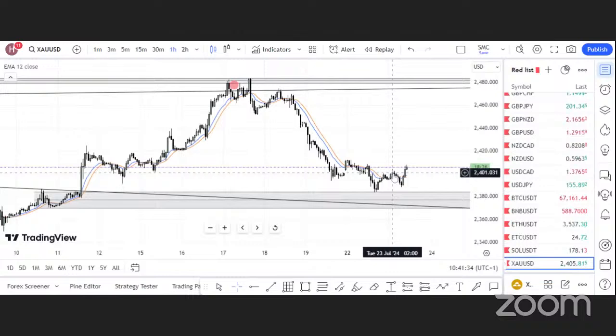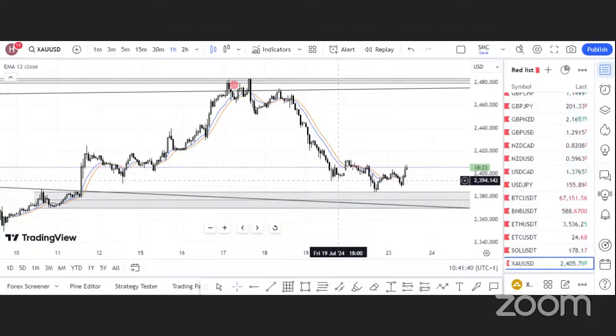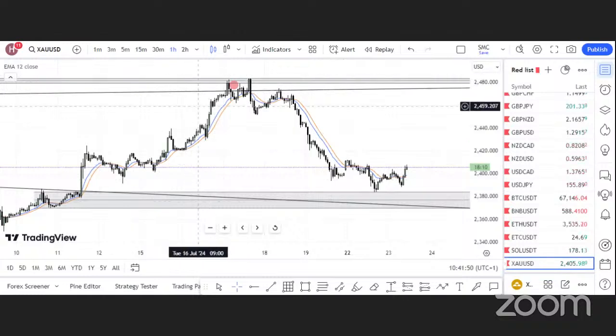Some people consider the daily time frame where they can start the analysis from to get the proper entry. Well, just use what works for you. But I believe if you make your analysis from the 1 hour time frame, you get the same result.